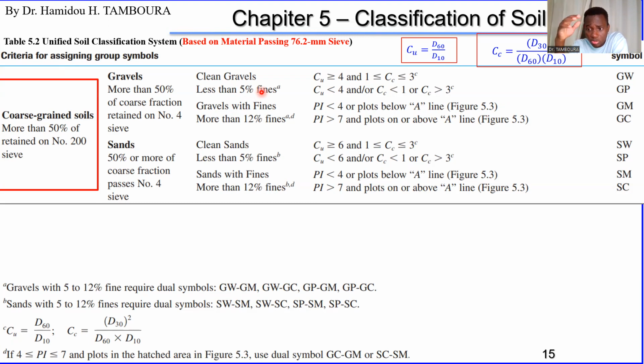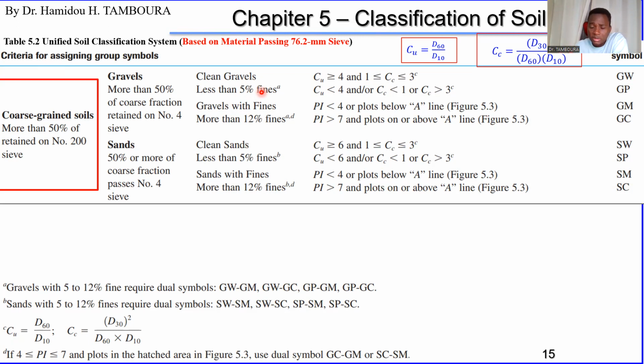Because in this classification I showed 3 intervals: gravel, sand, and fines. If you remember the beginning of this video, the fines are what is passing the sieve number 200. Since we know that it's small, but how small is it?